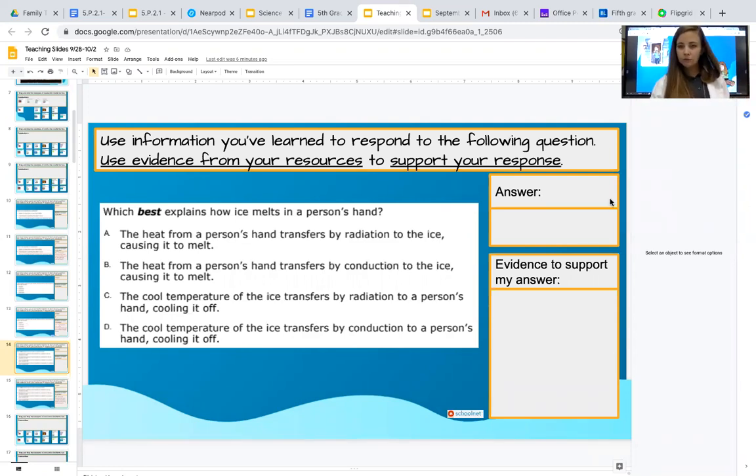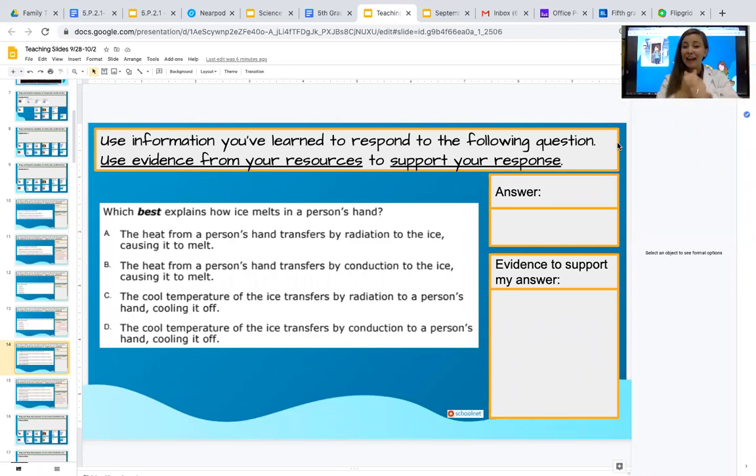Lee, where you at? Unmute yourself. The blood in your body is made out of heat. So I'm guessing the heat from the blood goes through your hand and makes the ice melt.